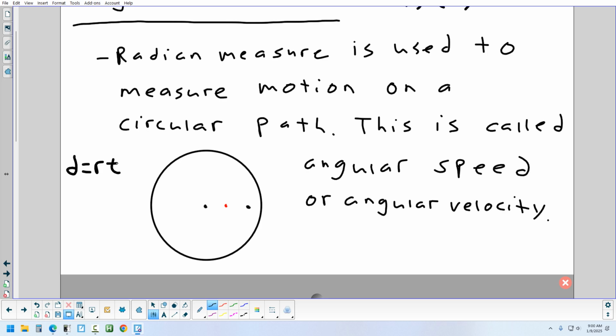And that tells you how far you've gone. All right, so distance equals rate times time. So then, if I rearrange it for R, and get R by itself, what would R equal? Yep. Distance divided by time. Right. If you know how far you've traveled, and you know how long it took you to travel that, you can figure out your average speed. Okay.